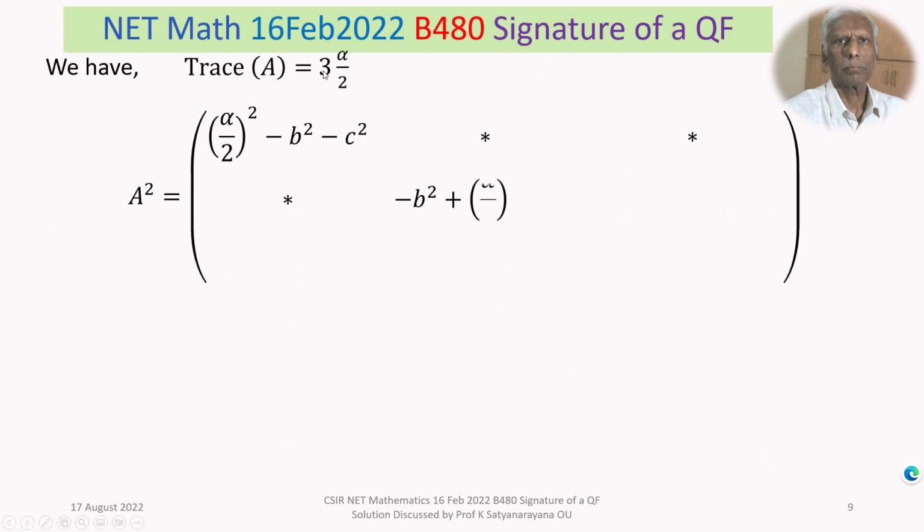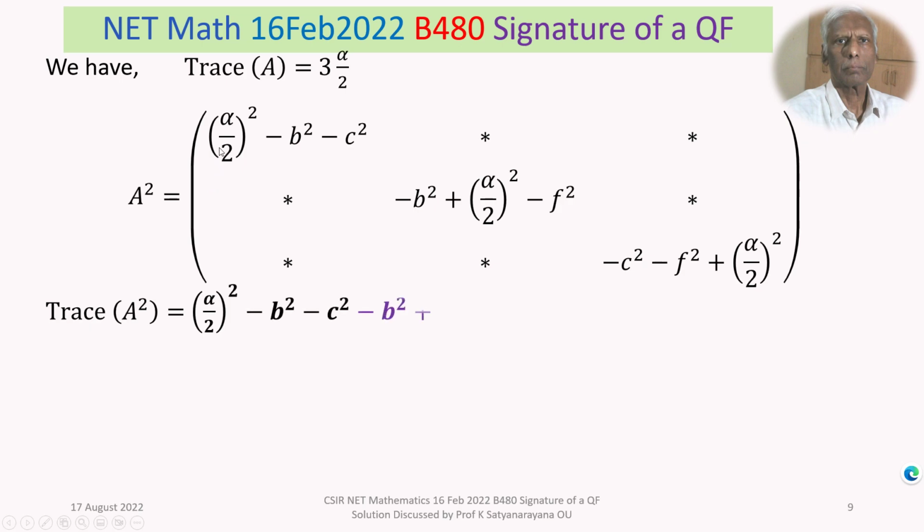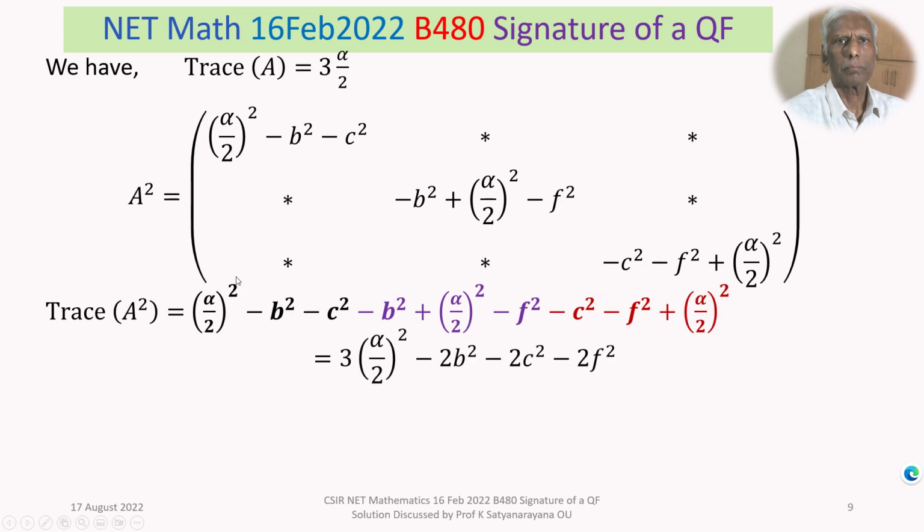And trace of A we have already seen, 3 alpha by 2, A square we have already seen, these are the diagonal entries. Therefore trace of A square is equal to the sum of the diagonal entries, this plus this plus this. And this is equal to 3 into alpha by 2 whole square minus b square minus 2b square minus c square minus c square minus 2c square minus f square minus 2f square. So this is your trace of A square.